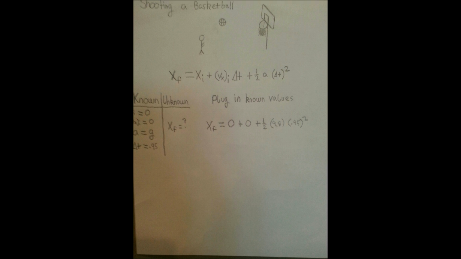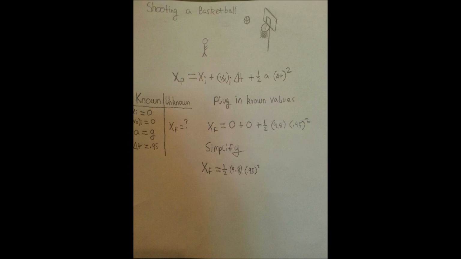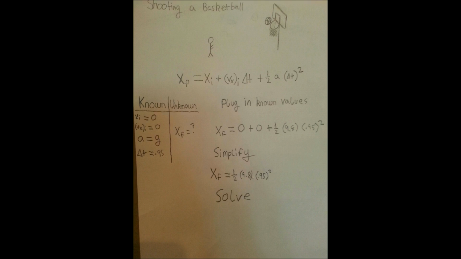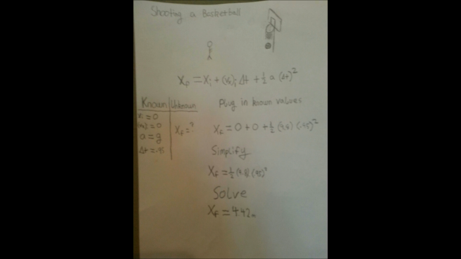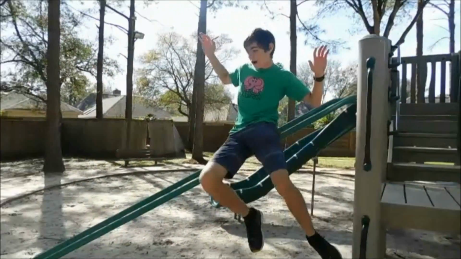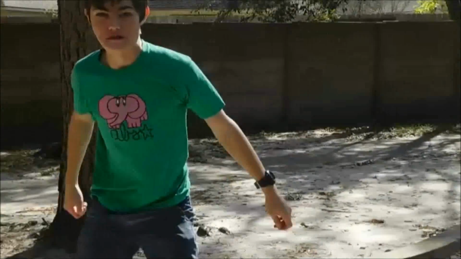The equation can be simplified to final position equals 1/2 times 9.8 times 0.95 squared. And simply all you have to do after that is multiply it all together in order to find your final position, which is 4.42 meters away from the shooter. This is 2D kinematics.